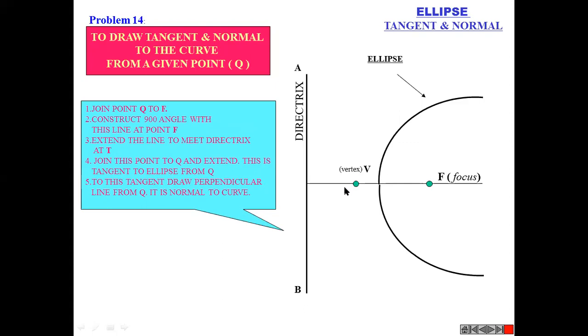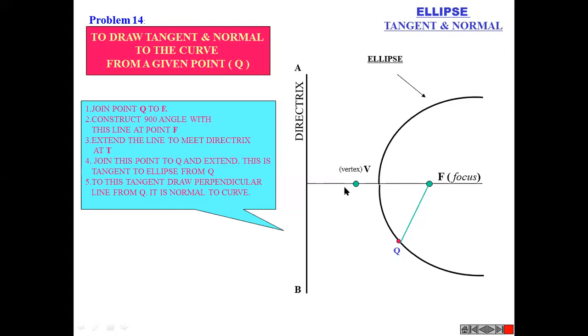Now, say for example, you have drawn an ellipse with the directrix and focus method. Fine. Now a certain point Q is there, and you need to draw a tangent and normal at this point. Understand? So what we will do? First of all, you join a line from that point to the focus. That is a preparatory line.